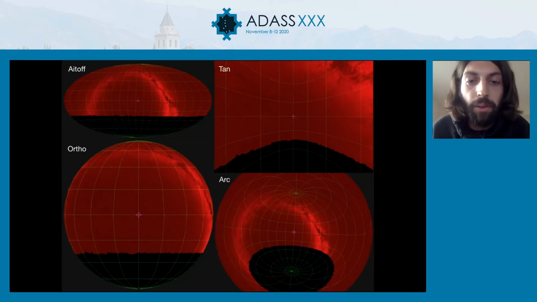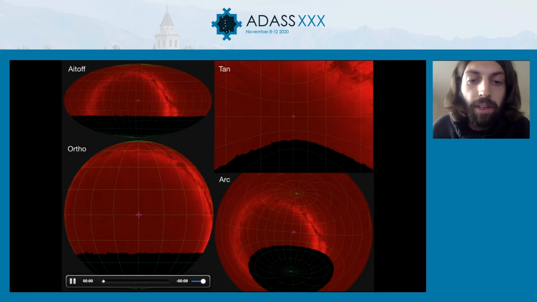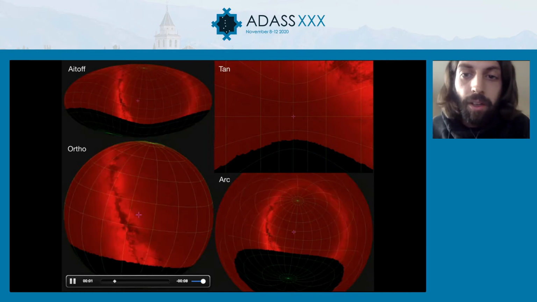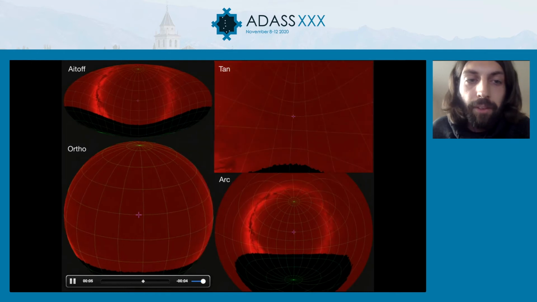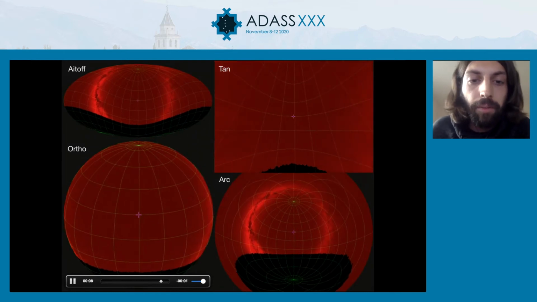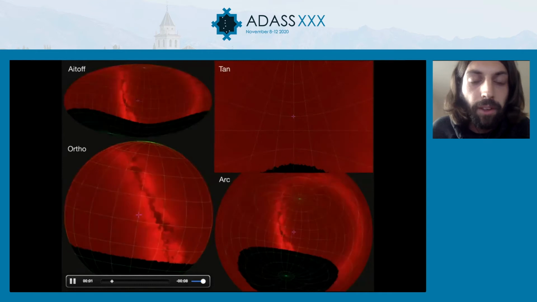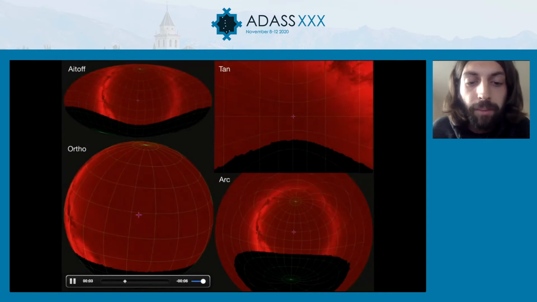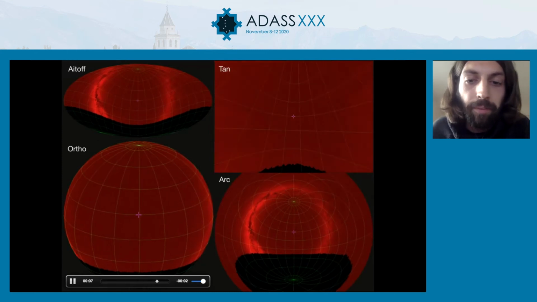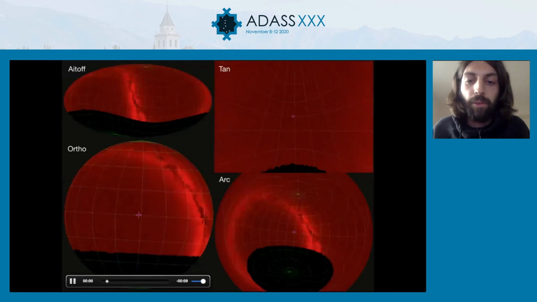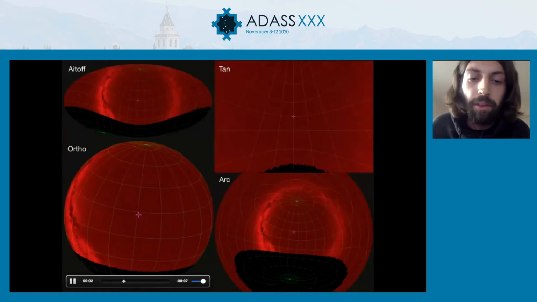And it looks like that. I have implemented 6 different projections: Hammer-Aitoff, tangential, orthographic, arc, and also the Mercator and Mollweide projections. So this is a ray tracing rendering.